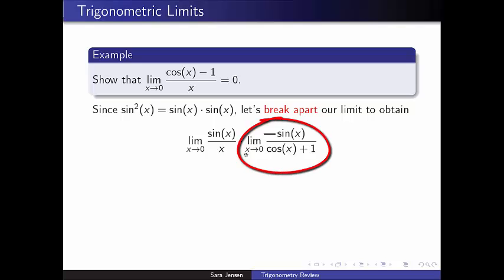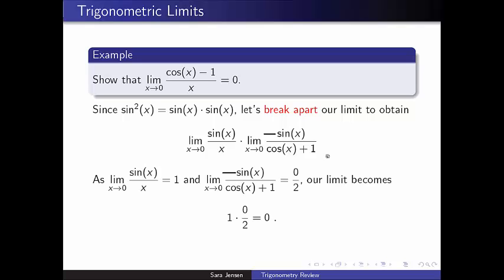Now this second limit, as x approaches 0 of negative sine of x over cosine of x plus 1, that's a limit of a continuous function divided by a continuous function. Because our numerator in that function is approaching 0 as x approaches 0, and our denominator is approaching 2 as x approaches 0, we can replace the values of these functions with this limit to make this whole second limit right here equal to 0.